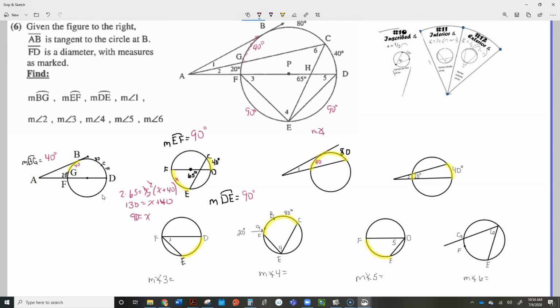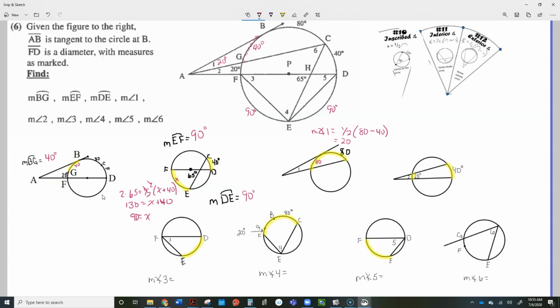So the measure of angle 1 is equal to half the big arc minus the little arc. The big arc, which is 80, minus the little arc, which is 40. 80 minus 40 is 40. Half of 40 gives me 20. So the measure of angle 1 right here is 20 degrees. Okay, the measure of angle 2, same formula.